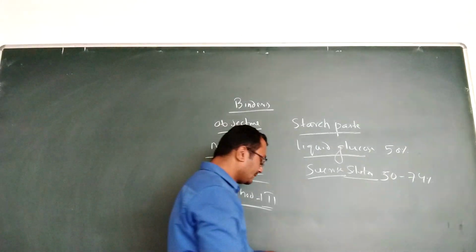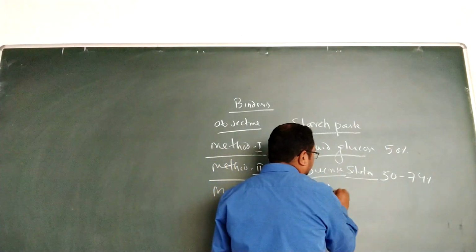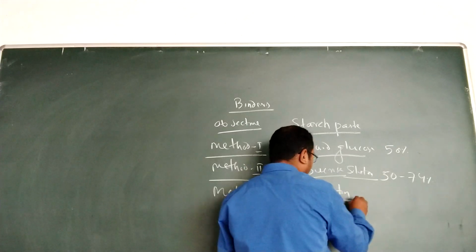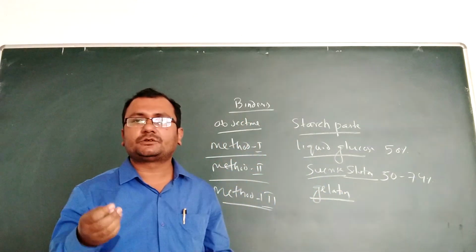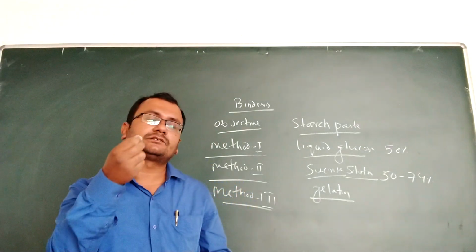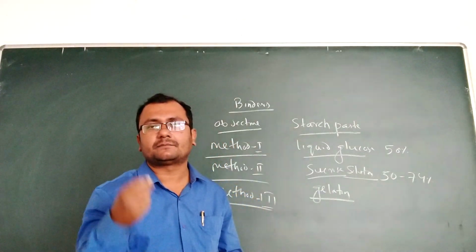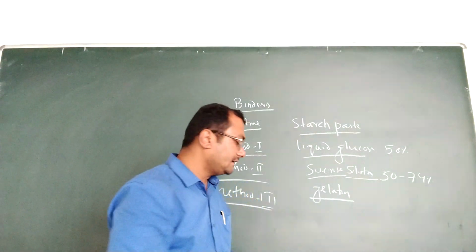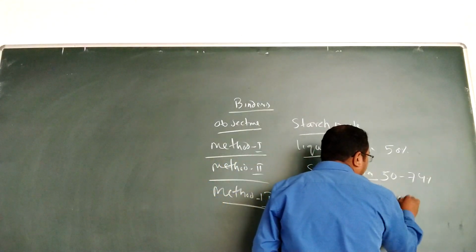Next one, gelatin. Generally, gelatin is used to prepare capsules, as you already know, but gelatin is also sometimes used as a binding solution, as a binder, and we prepare a gelatin solution in a concentration range of 10 to 20%.